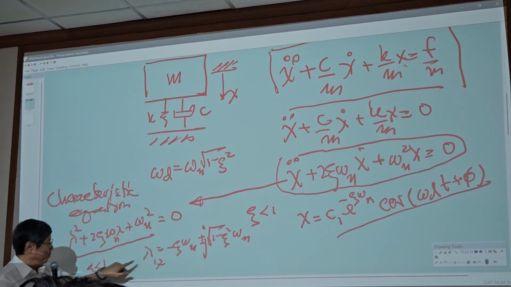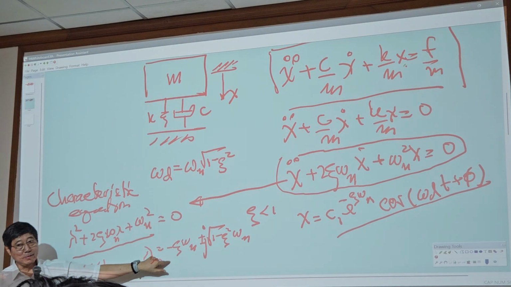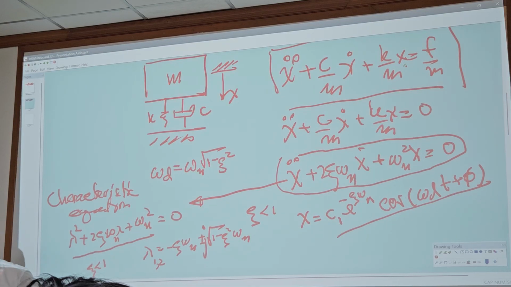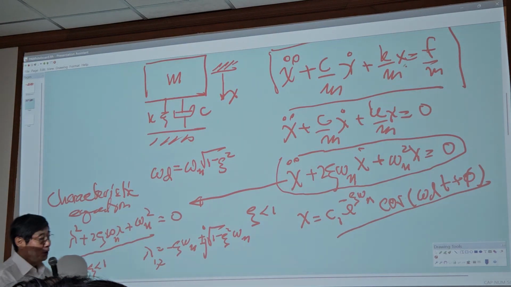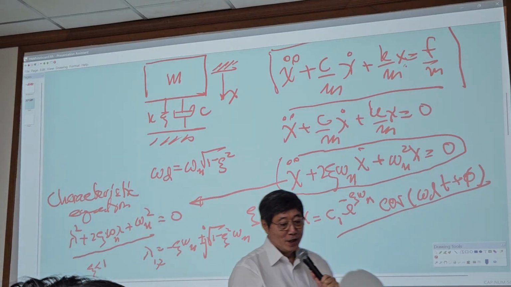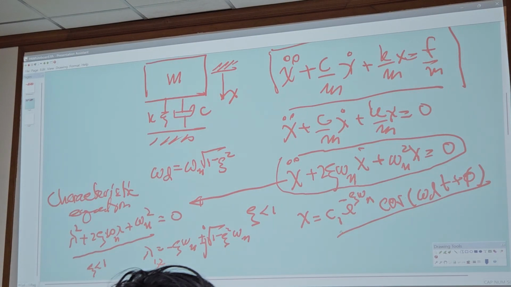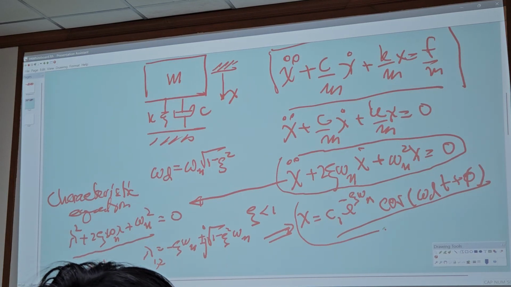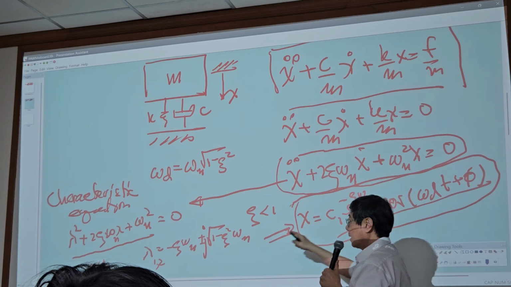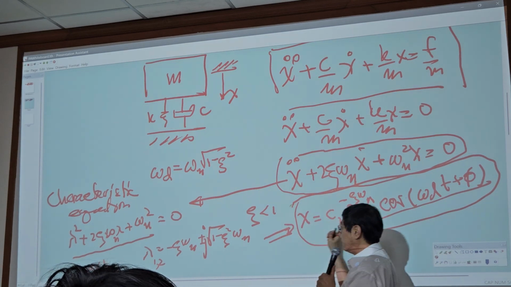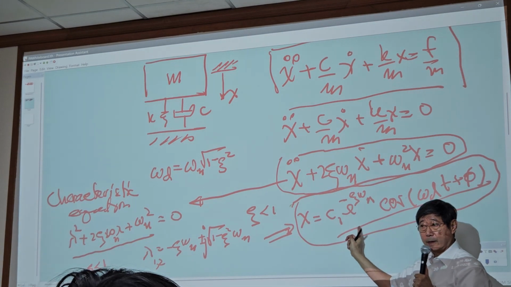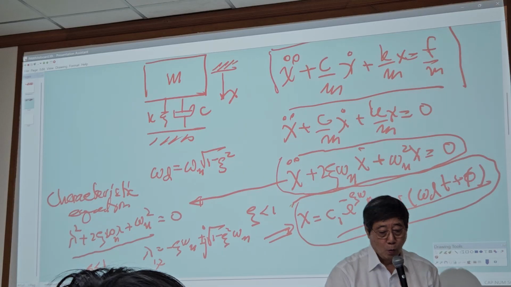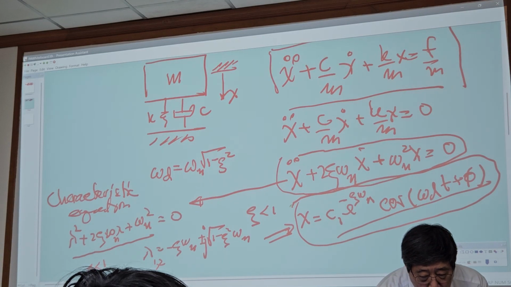If we have this one, we have this solution, right? Okay, so in this case you see the solution will be this form, right? This one will be this form. This one, right, will be this one, right? Or will be this one, right?